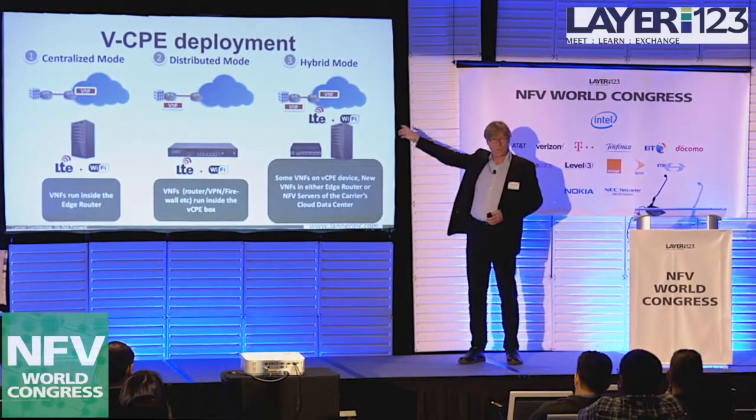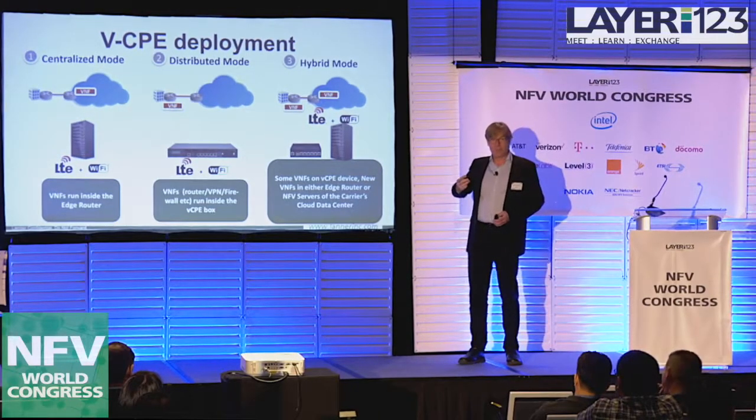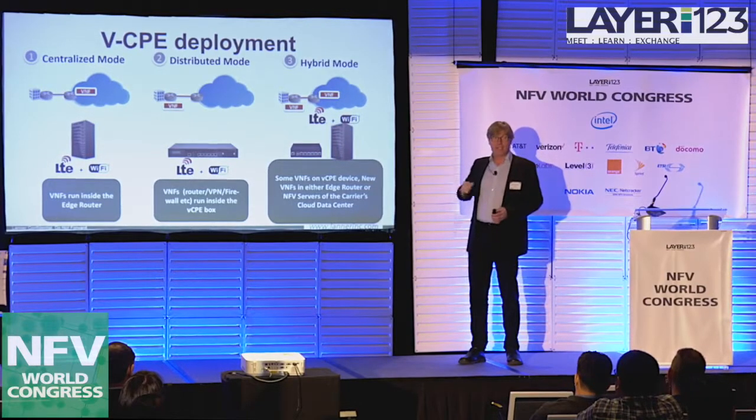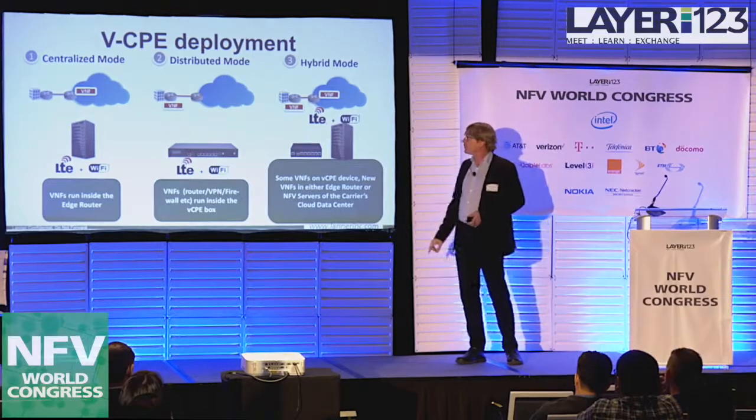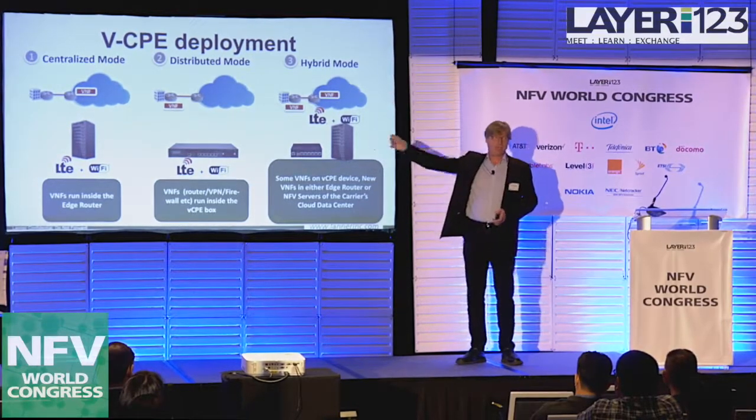Because the goal is to use multiple VNFs and re-provision them when I need it. So if I need a session border controller, if I need something else, I should be able to do it on the fly, right? So it's sort of a hybrid approach. The centralized mode is really when you have just one application on the end.